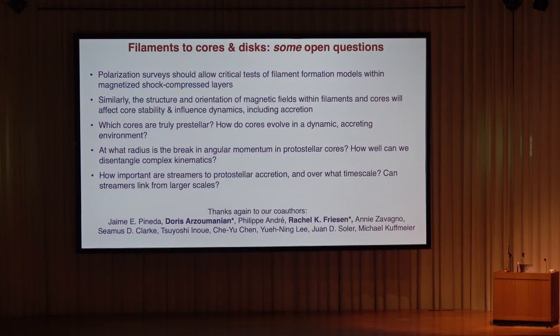Thanks. This may be a question for Doris. Ward Sprkelli, University of Toledo. So if filament formation is hierarchical in nature and happening at all scales, as we saw in the previous talk, doesn't that automatically rule out this idea of a characteristic width of a filament of 0.1 parsec, which we mostly saw in nearby filaments only and observed with one kind of facility, especially Herschel?